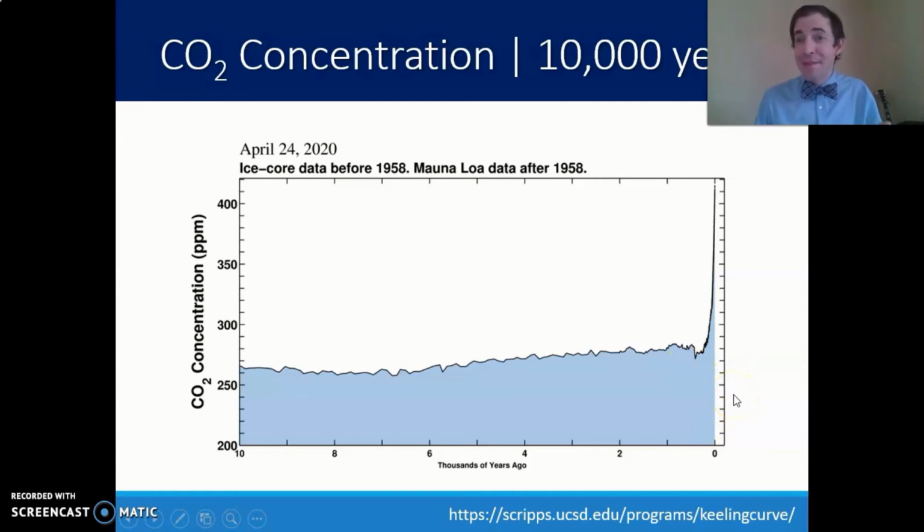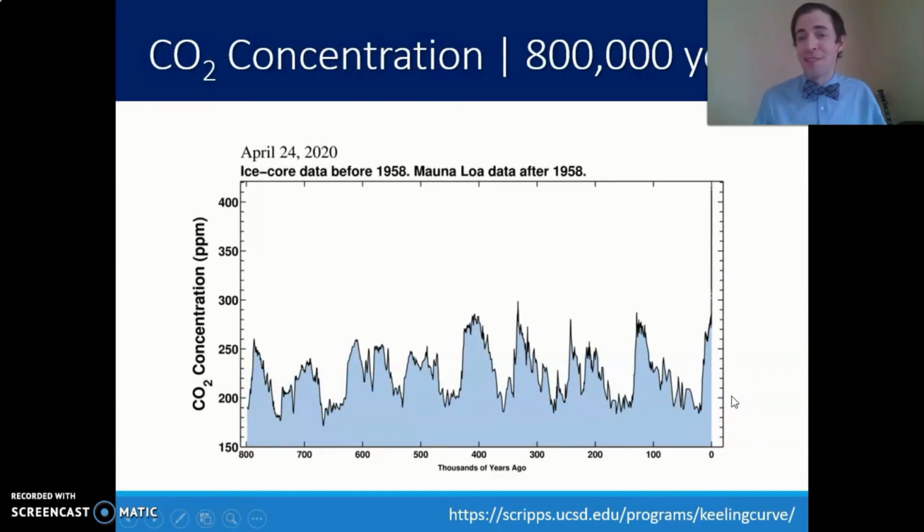If we zoom back even farther, we can start to see those fluctuations that sometimes you'll hear about. Over the last 800,000 years, again, this is taken with ice core data, we can see that there are natural rises and falls in this CO2 concentration, but nothing in the order that we've seen in the last 50 years. Again, we are now currently at about 415 parts per million.